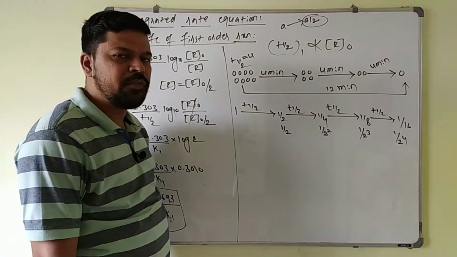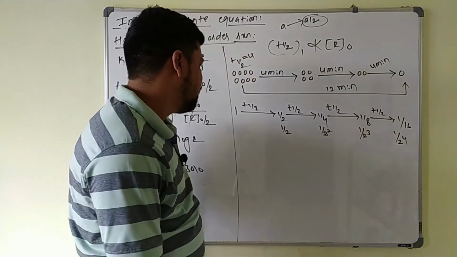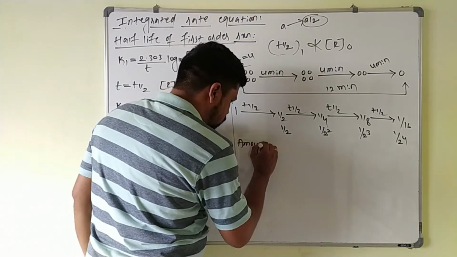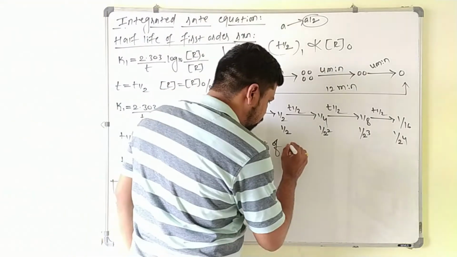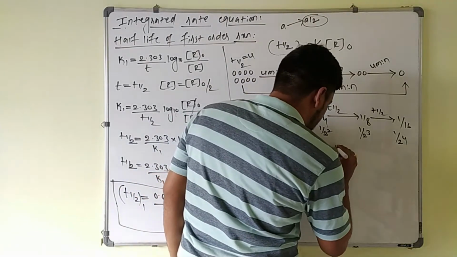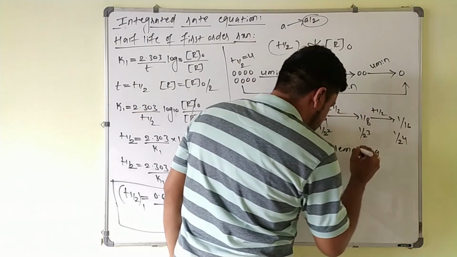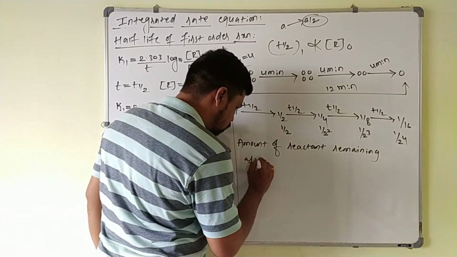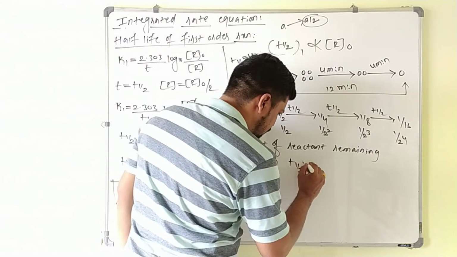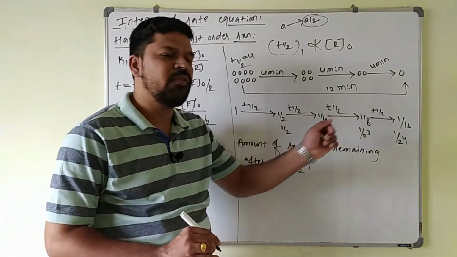So what is the amount of reactant that is left after n times of half-life? That is, the amount of reactant remaining after n T halves, that is after n half-lives.